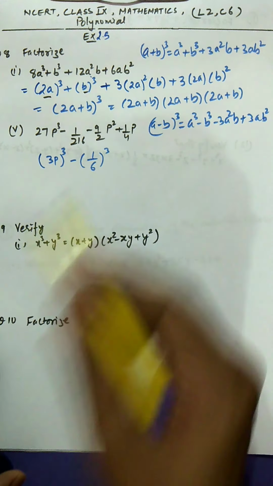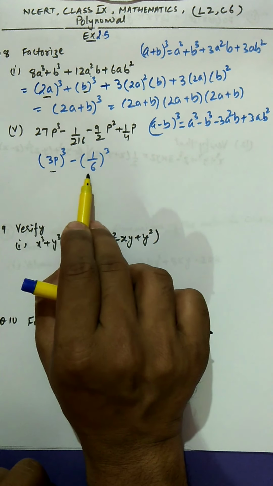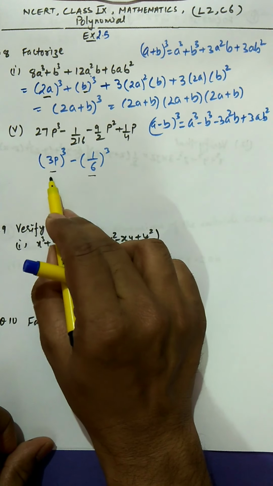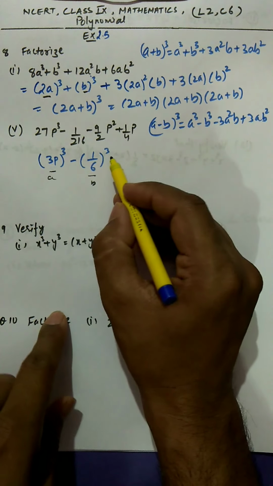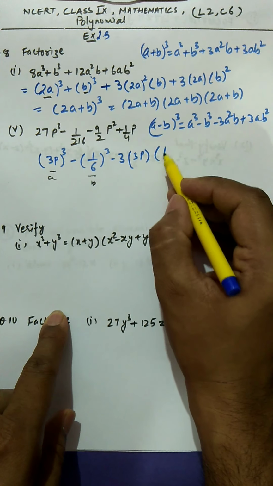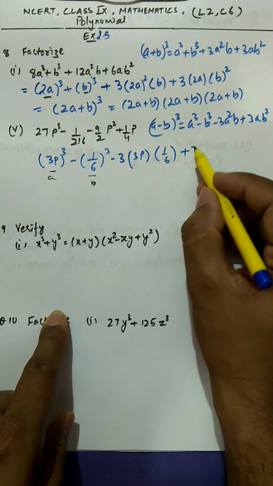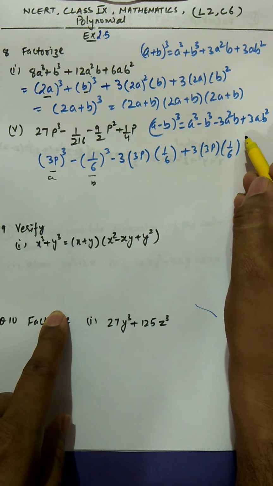So the first one is your a, and this is your b. After getting this a and b, you need to just expand it in this form. Next will be 3a square b, means 3 times 3p whole square times 1 by 6, and then 3ab square, means 3 times 3p times 1 by 6 square.